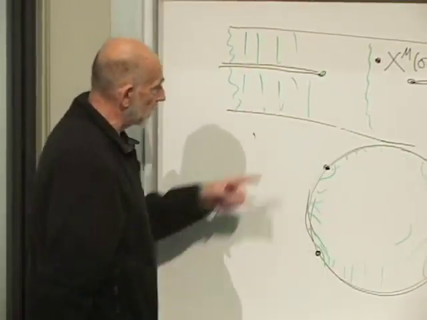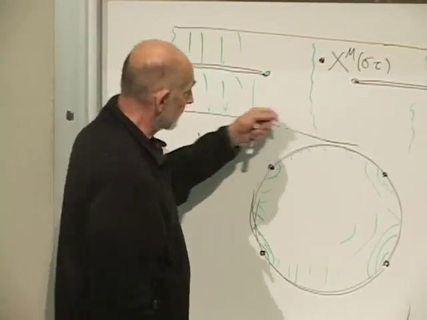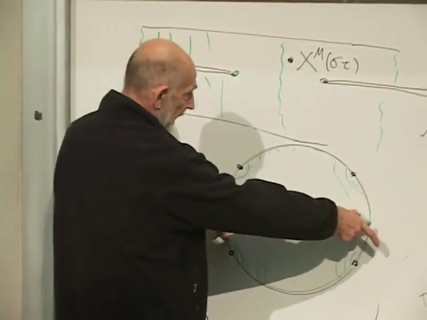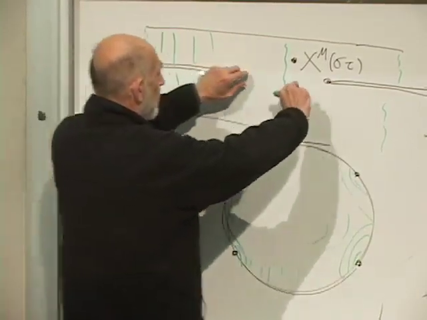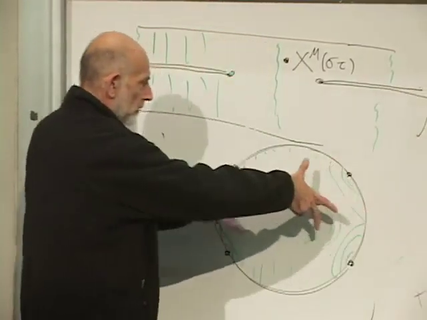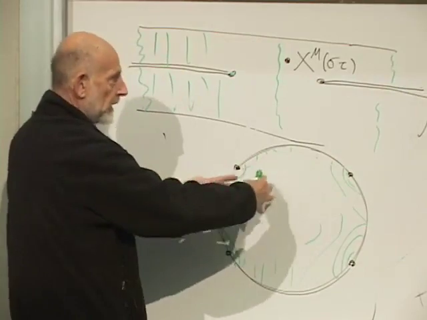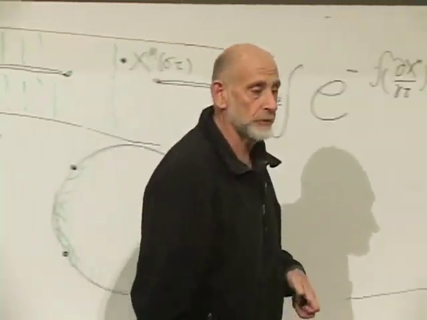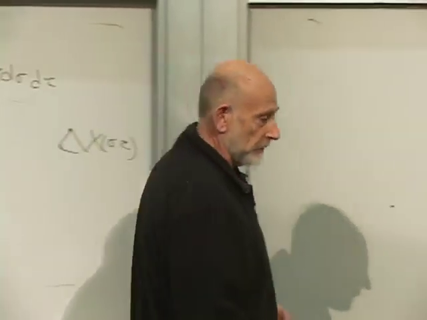As you move them around, these points move closer and farther apart. When you move these points together this way, these points get very far apart. When you move them together horizontally, these points move together. So the same picture, the same physics, different pictures.